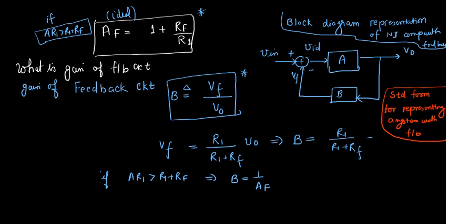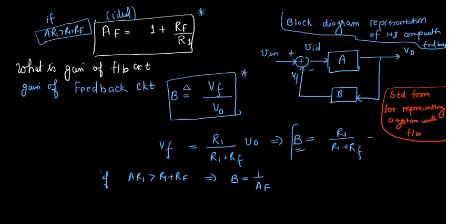In order to evaluate the gain of the feedback circuit, Vf is R1 divided by R1 plus RF into V naught, right? We have seen it in the previous class. You can write your feedback gain as R1 divided by R1 plus RF.